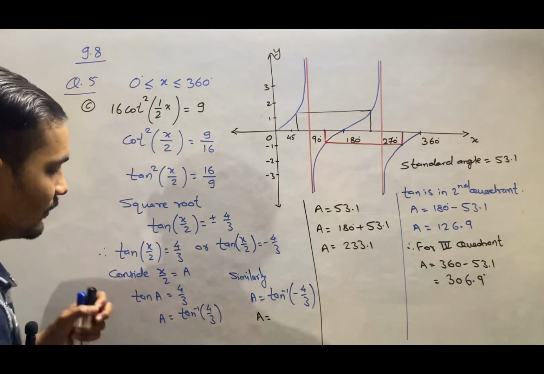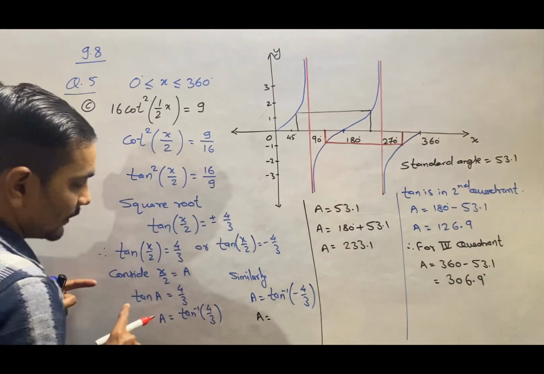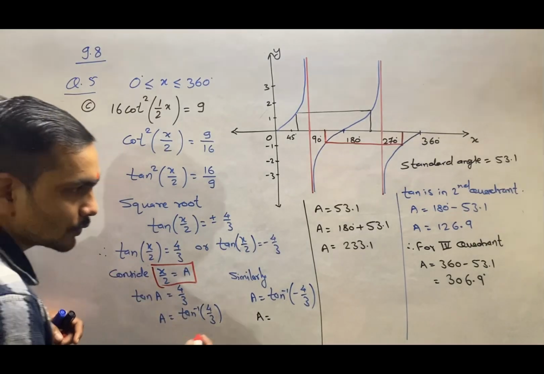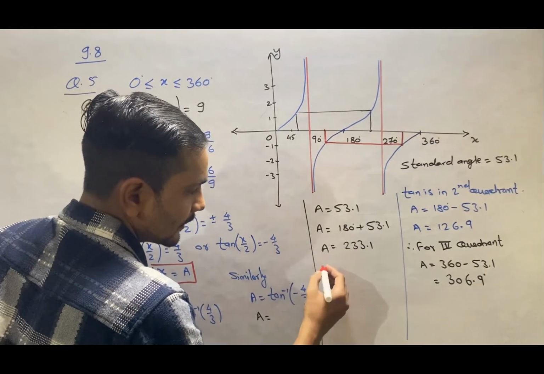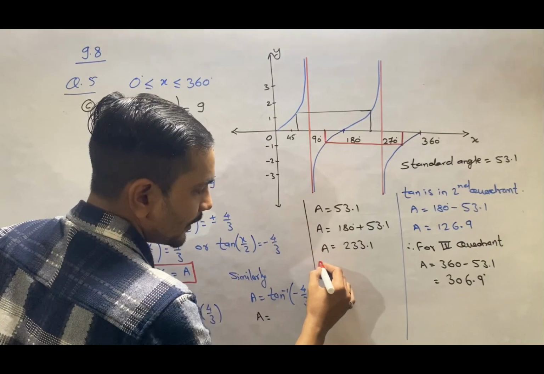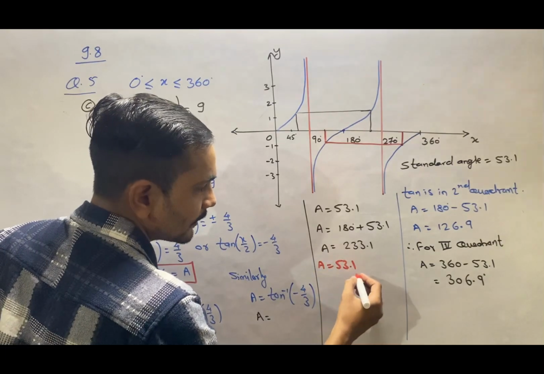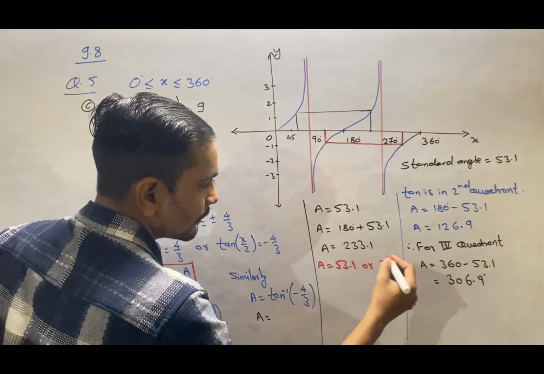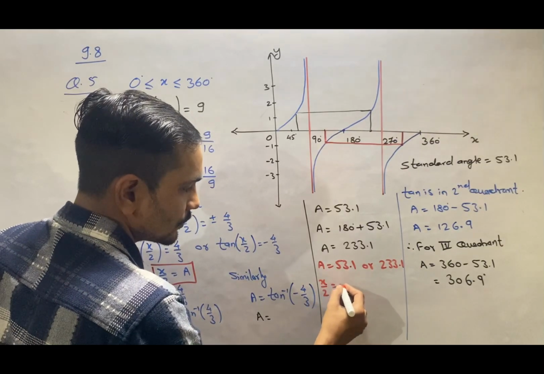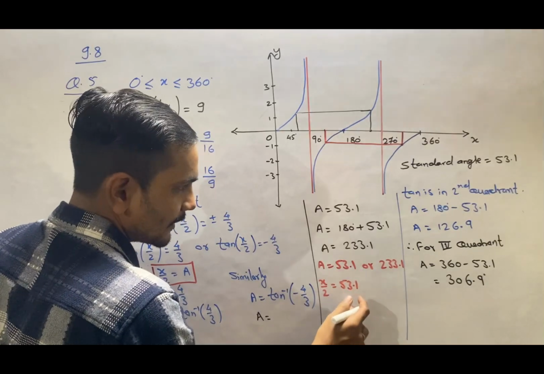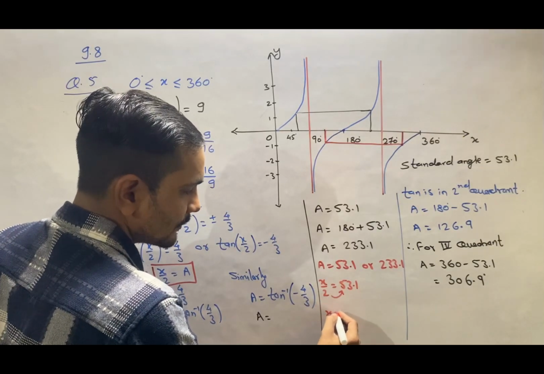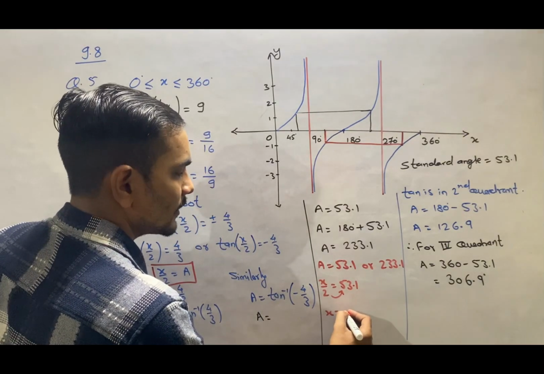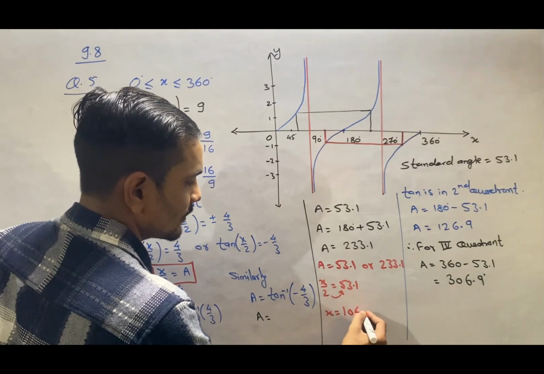Now we will solve for x. Let's resubstitute the value of a, which is x over 2. Our first angle is a equals 53.1, and the second angle is 233.1. Since a is x over 2, multiplying 53.1 by 2, x will be 106.2.